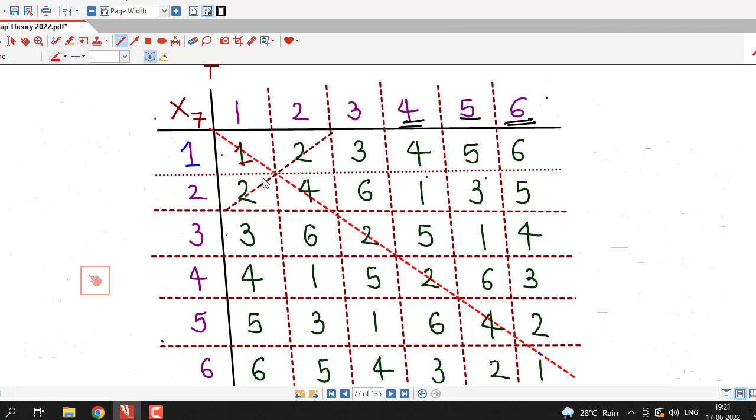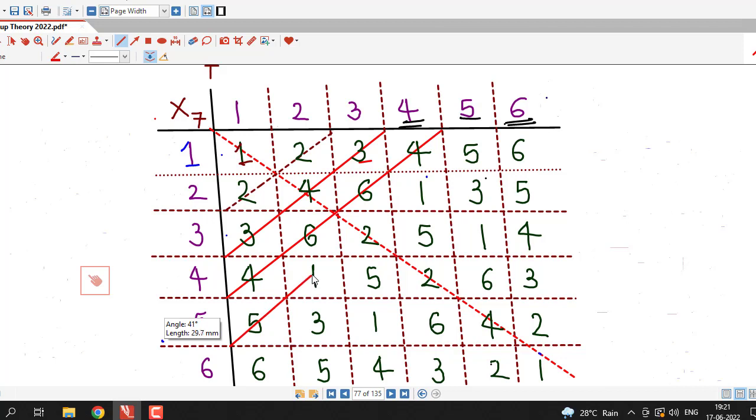Now we check for this. Here I have 4 and here I have 3 and 3. So here also you can check these are symmetric with respect to main diagonal. Here I have 6, then 6 here, 4 and 4. So this is true for this also. So in this way we have to check. Here I have 1, so here 1, then 5 and 5.